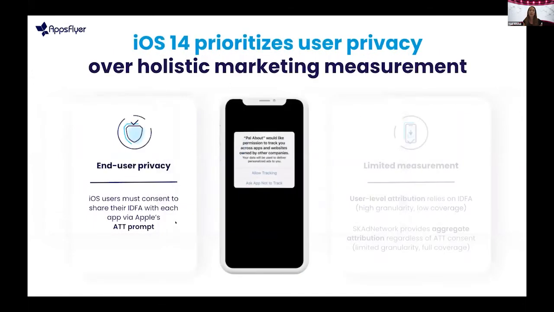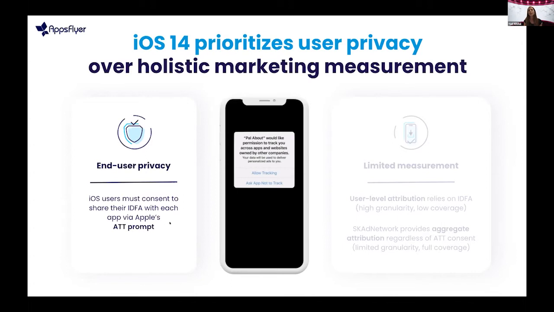With the introduction of iOS 14 and SKAdNetwork in WWDC 2020, the mobile marketing world was changed forever. iOS 14 gave users back control over their privacy, requiring them to consent to share their IDFA. But on the other hand, marketers have now lost access to most of the IDFAs in their database.